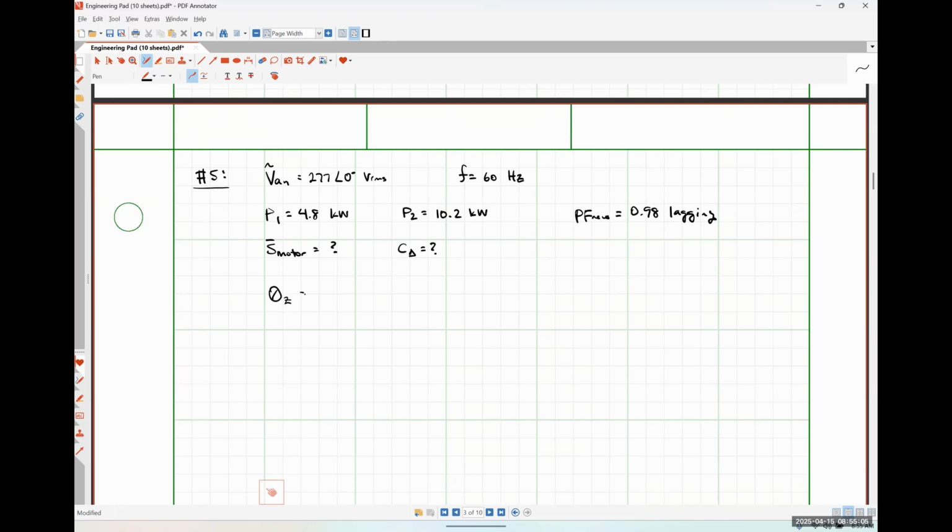Theta z in this case is going to be the inverse tangent of the square root of 3 times P2 minus P1 over P2 plus P1.